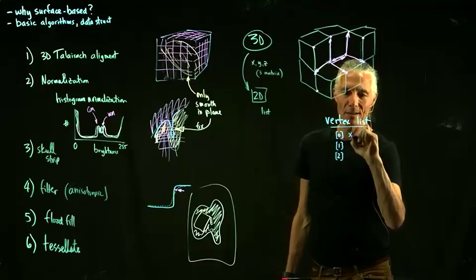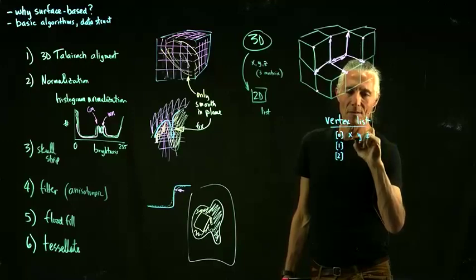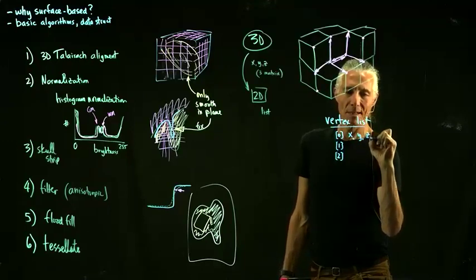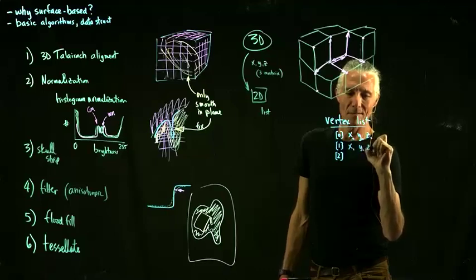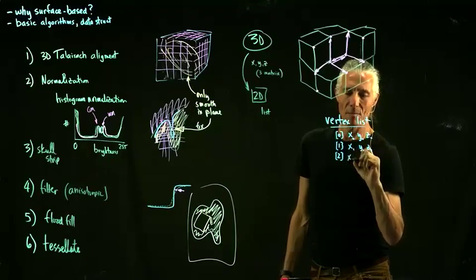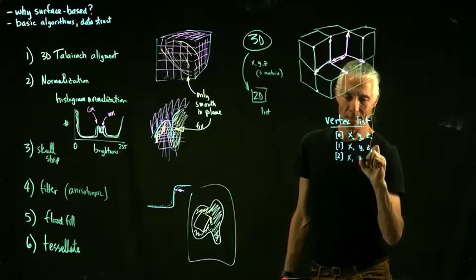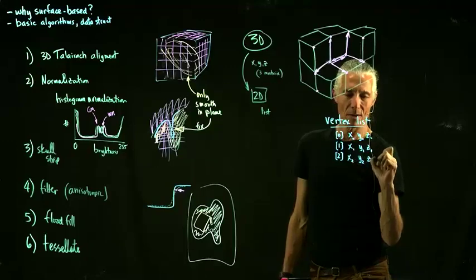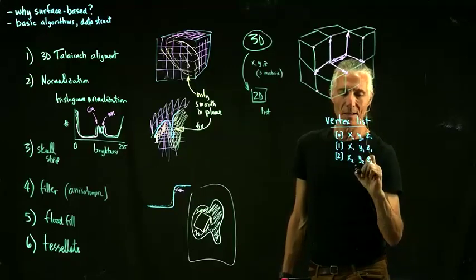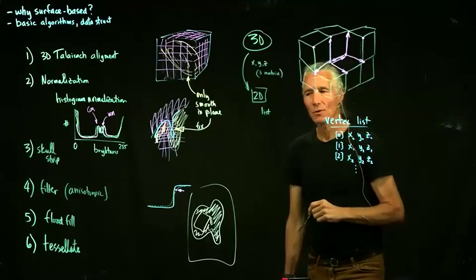And then here's the XYZ. So that's X0, Y0, Z0. Here's X1, Y1, Z1. So you just have a list of coordinates like that, and those are the vertices.